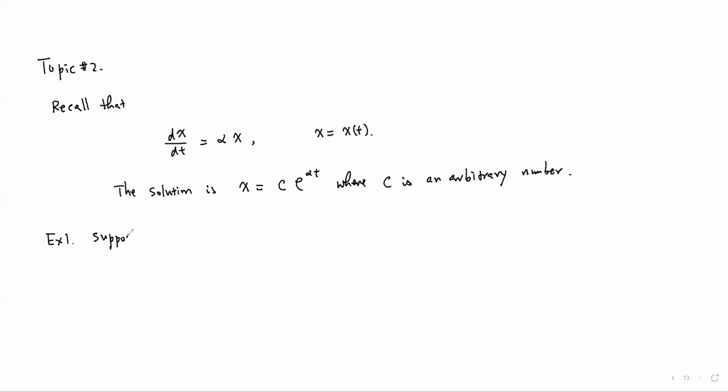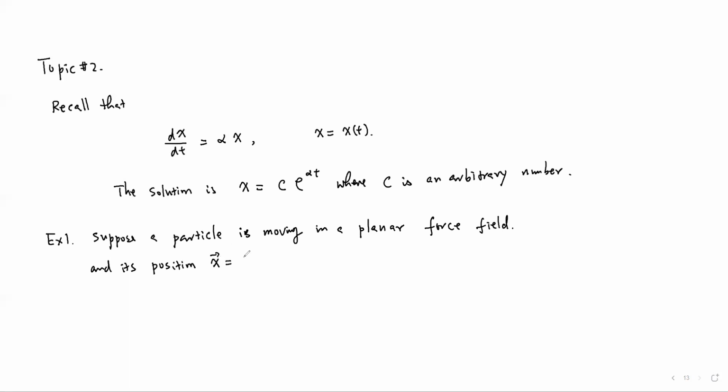Suppose a particle is moving in a planar force field, and let me denote the particle's position by a vector with coordinates x1, x2. Let me draw a diagram. This is x1, x2.